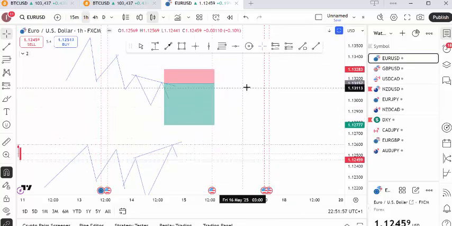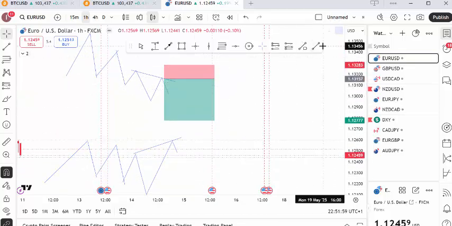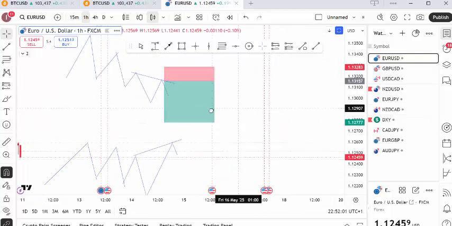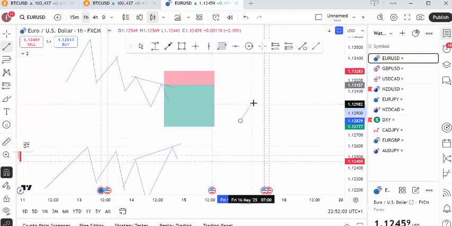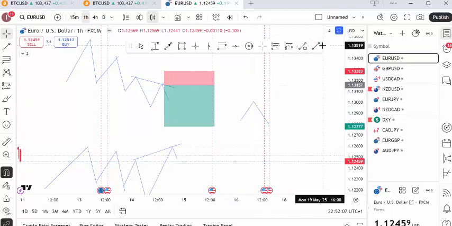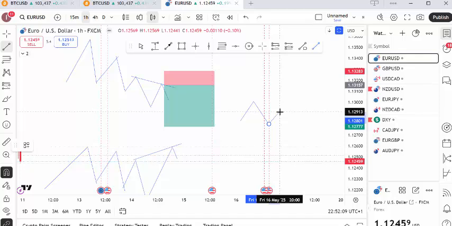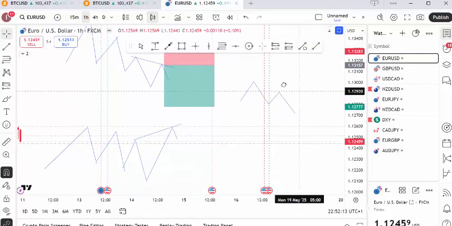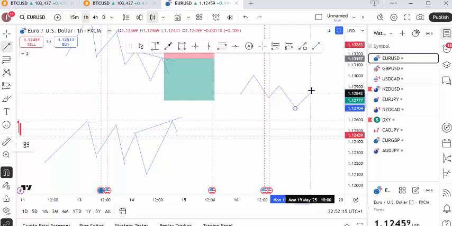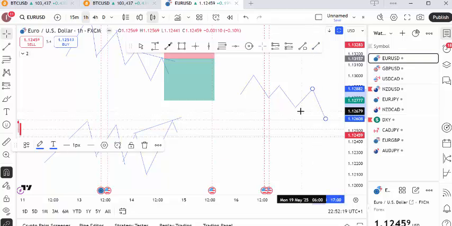So this is the first, and then the second type we have: the market does this. We're still dealing with the bearish divergence.